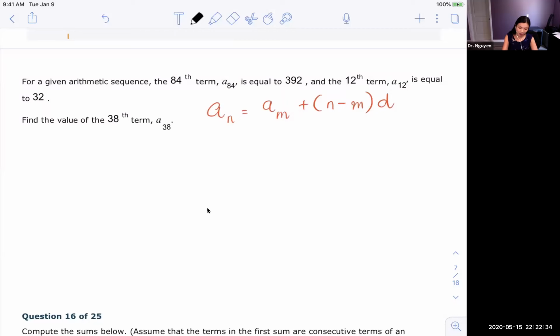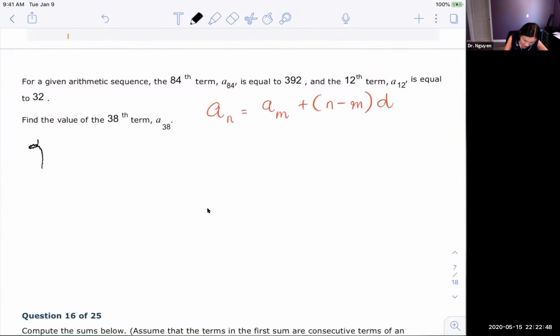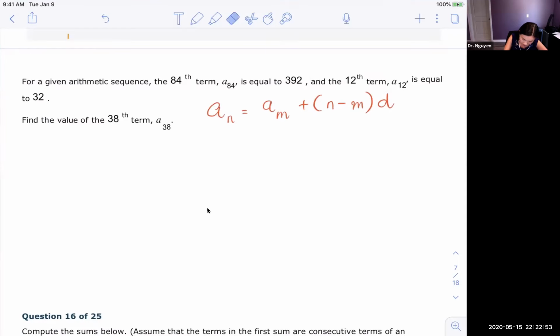Now I do have the general formula for you right there, and if you notice, we just replaced 1 by m. So what I have is a_84, and I have a_12.